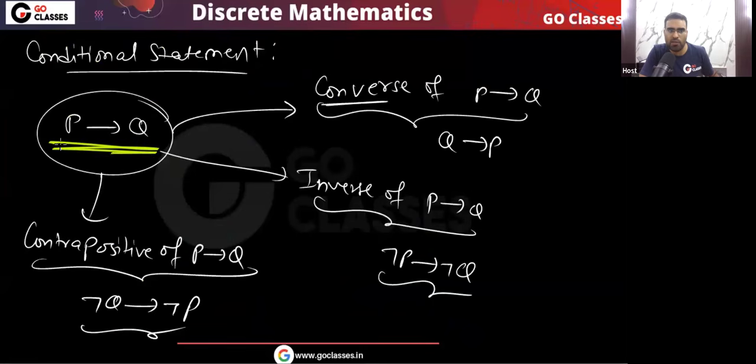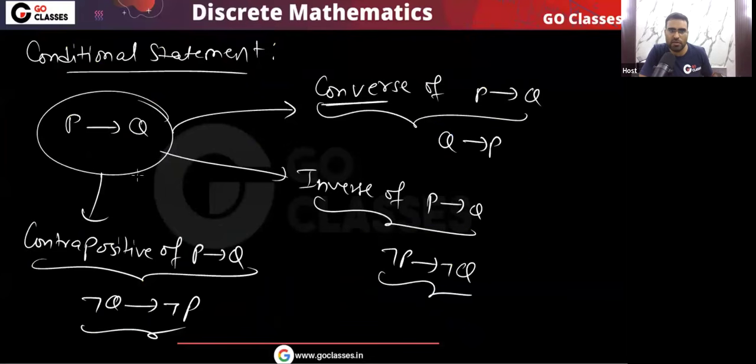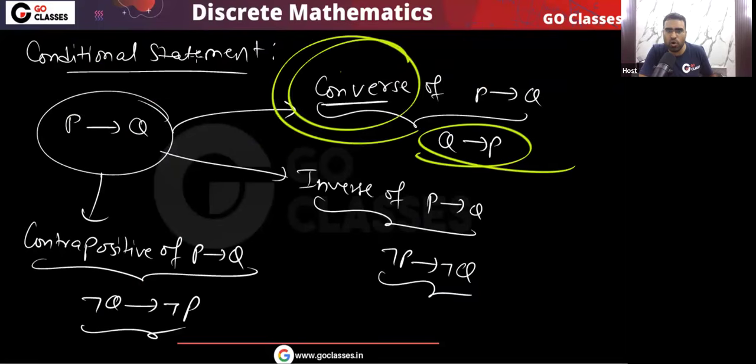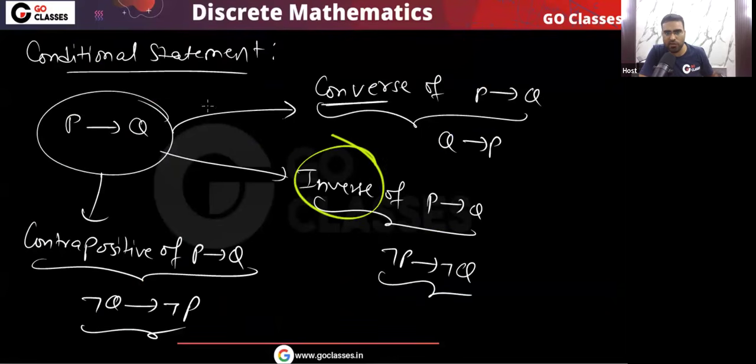So remember, if you have a conditional statement, then you can create new statements. If you have this conditional statement P implies Q, then Q implies P is the converse. Negation P implies negation Q is the inverse.